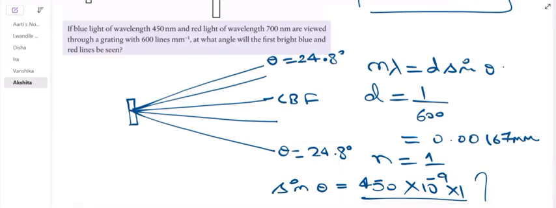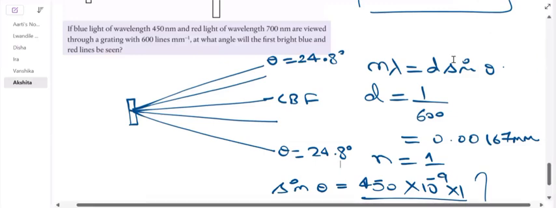Are you done, Akshita? Yes, I did the same thing, but I don't know why I'm getting the angle as 0.015. I took the inverse after that. Yes, say, Akshita.